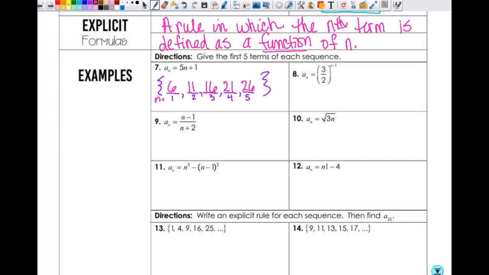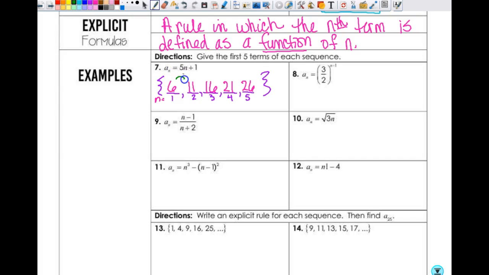It is just like add 5. But guess what? If I want the 38th term, I don't have to keep adding 5. I can just substitute in 38 and get my number. Does that make sense to you? This is what you were trying to do. And that's why this sometimes is better, depending on what you want. But here's what you want to pay attention to. It is just like adding 5, right? But if I ask you for the 5th term, you can't just say, oh, I'm just going to multiply it by 5 or whatever, because of that whole n plus 1 thing.